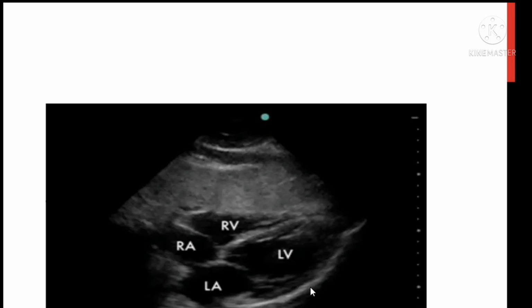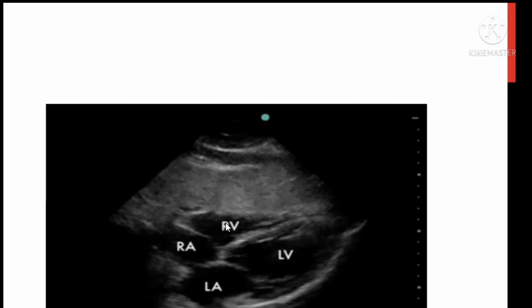Pericardial effusion can be easily identified. You can also compare right and left, or look for defects, atrial or ventricular. It's easy to find, but sometimes it will be dangerous.